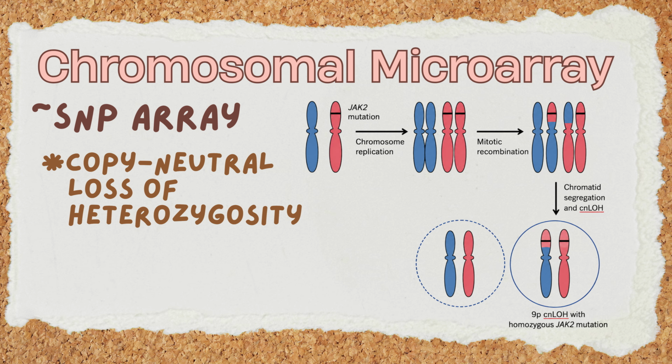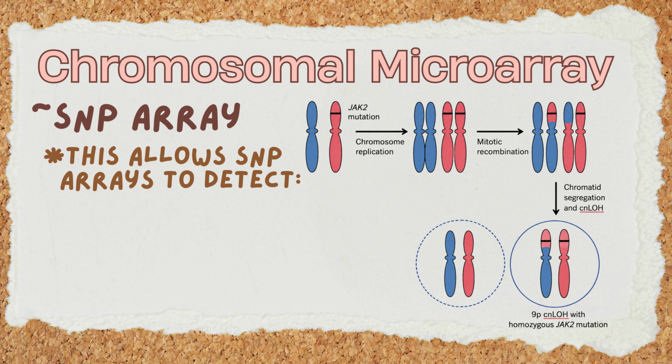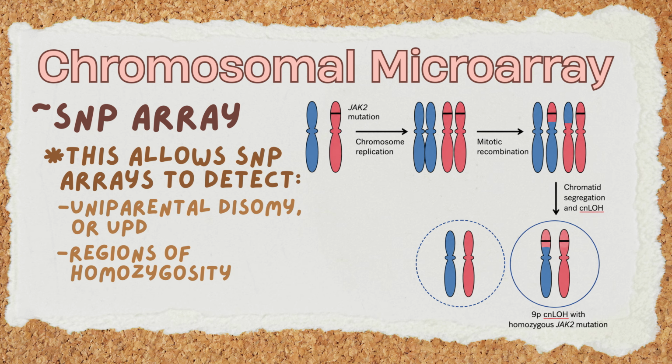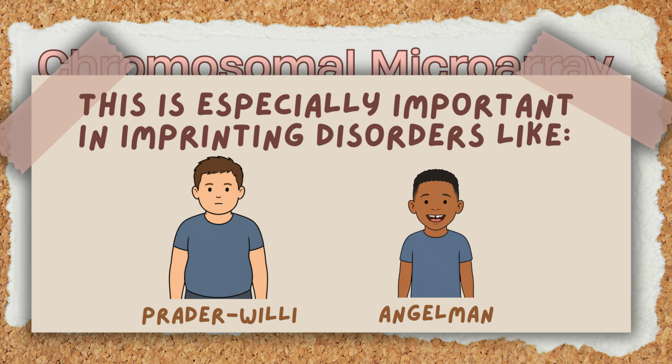In other words, the copy number may appear normal, but both chromosome regions came from the same parent. This allows SNP arrays to detect uniparental disomy or UPD, regions of homozygosity, and loss of heterozygosity. This is especially important in imprinting disorders like Prader-Willi and Angelman syndrome.